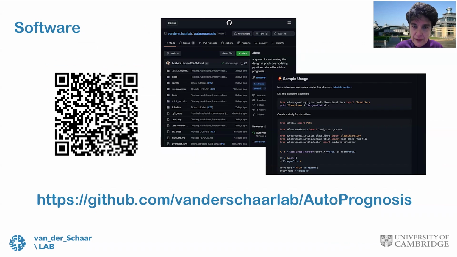The user interfaces are very good, and also the Python code associated with this project was produced, and it can be easily downloaded. Very high quality software, and we also put numerous tutorials by various clinicians who have used Autoprognosis. So we thought we are going to accomplish quite a lot with this.